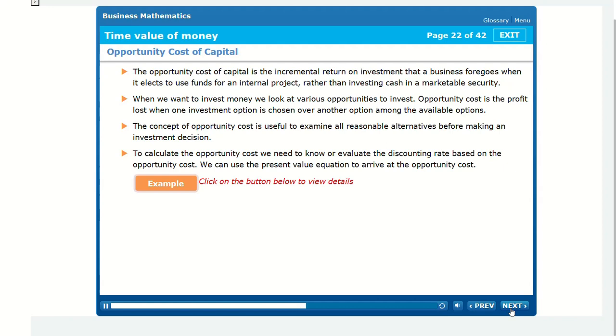The concept of opportunity cost is useful to examine all reasonable alternatives before making an investment decision. To calculate the opportunity cost, we need to know or evaluate the discounting rate based on the opportunity cost. We can use the present value equation to arrive at the opportunity cost.